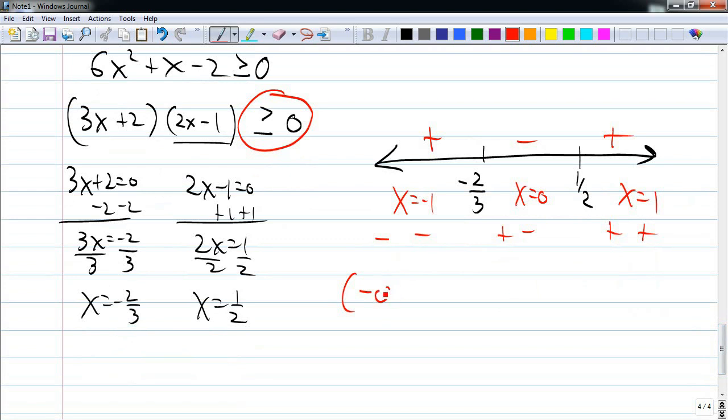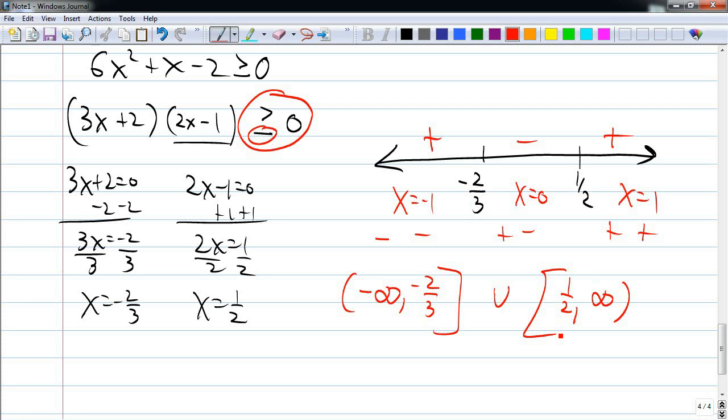All x's from negative infinity to -2/3, and then I'll union that with all x's from 1/2 to infinity. Now, because this is greater than or equal to, that 'or equal to' means that this expression can be 0. So I can include -2/3 and 1/2, and so I have brackets.